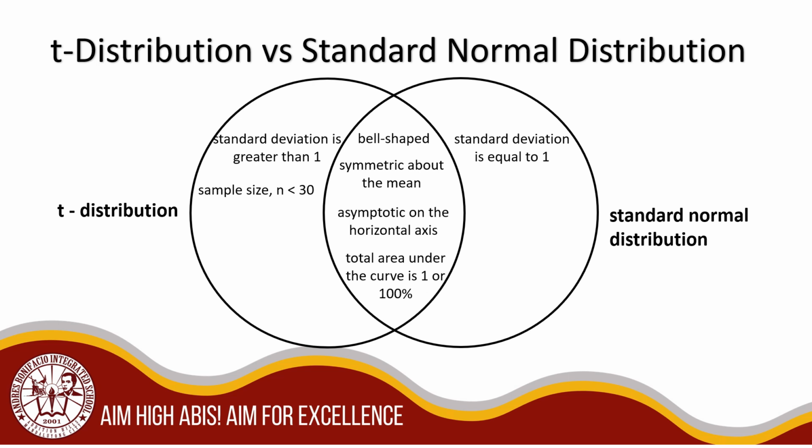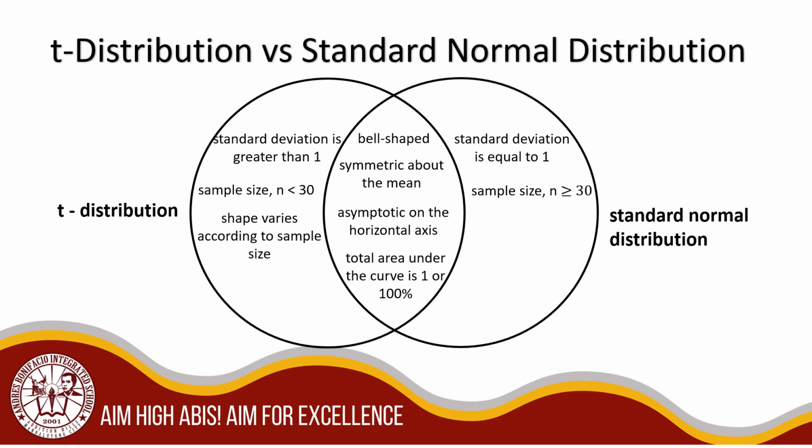So kapag ang sample size na ay less than 30, hindi na standard normal distribution ang gagamitin natin, kundi yung t-distribution na. So in a standard normal distribution, the sample size is greater than or equal to 30.